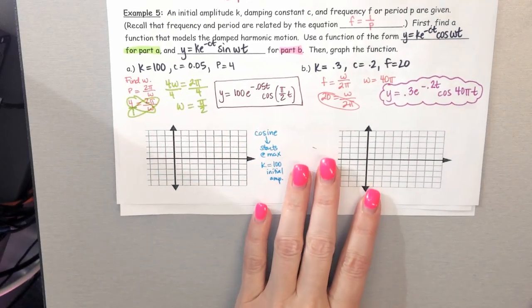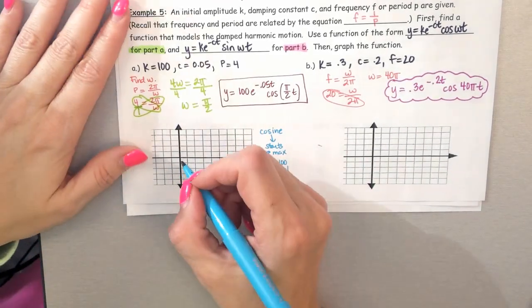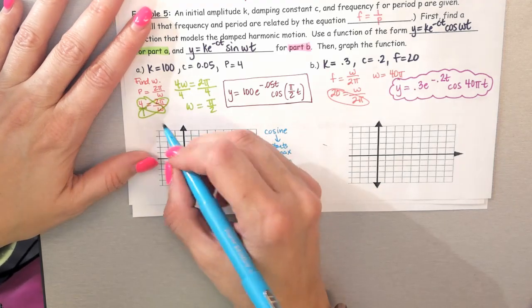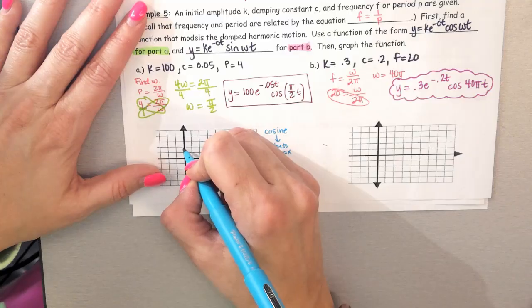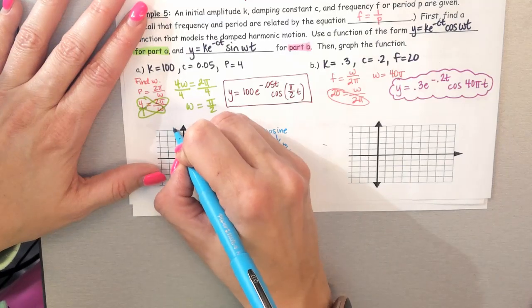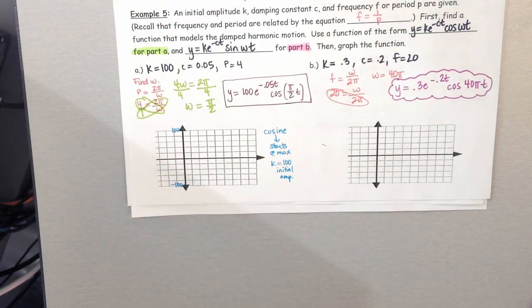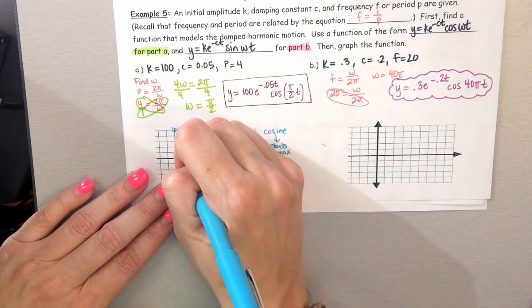When you graph that, just make this an easy scale. Like you could do 20, you could do 50. So I did 20, 40, 60, 80, 100. And then you can just label those so you know what your scale is.